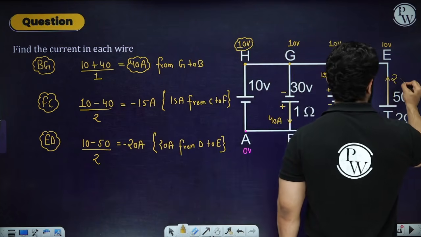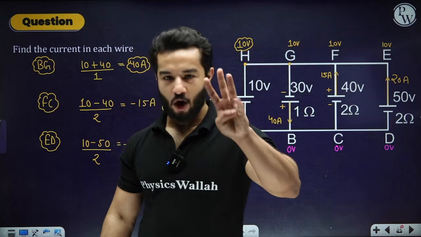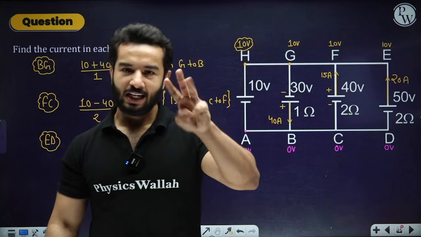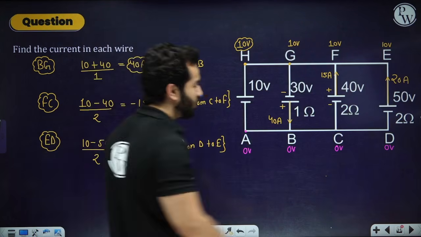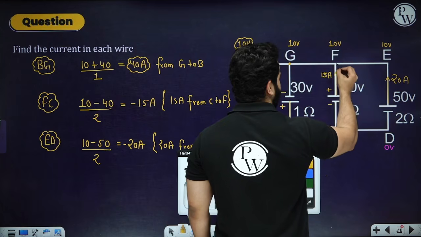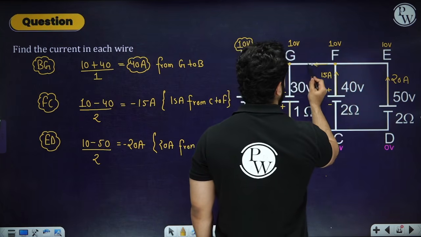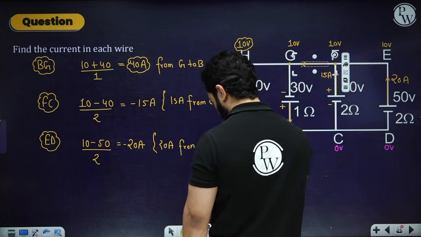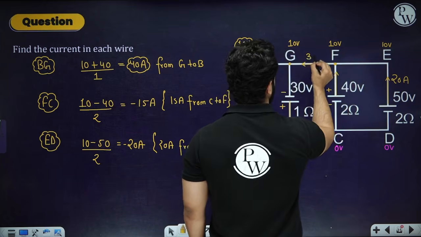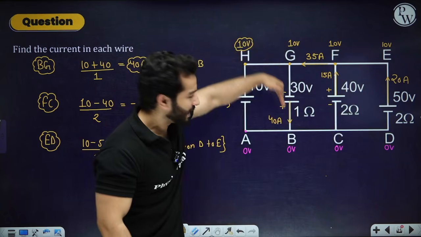Now please understand, you had 4 branches, you got current in 3. Now the next thing is 20 plus 15 is going to add up. Why? Because this is incoming current, they will add up at this point. So 35 ampere of current will flow through this wire, and 40 ampere of current is going in this branch.